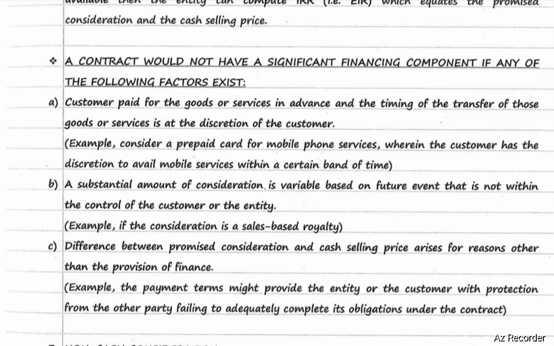Example, payment terms might provide the entity or the customer with protection from the other party failing to adequately complete its obligations under the contract. In such a case also, it is assumed that there is no significant financing component. So in all these cases, no interest income or interest expense will be recognized.